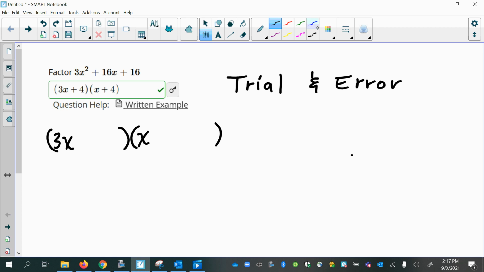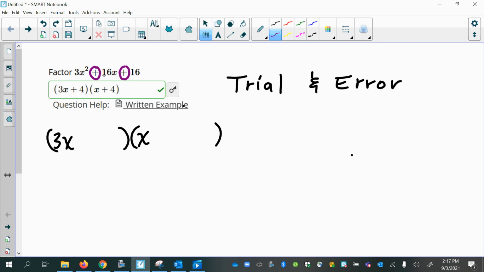Next, you would want to look at the signs on your last term. To get your last term, you would have multiplied the two last numbers inside each parenthesis. So they would have had to have the same sign if you get a positive product, which means they could both be positive or they could both be negative. But the middle term is where you would have combined those two numbers by adding.